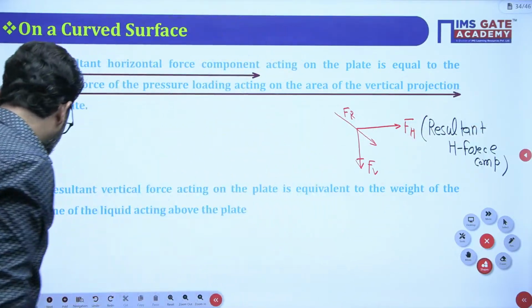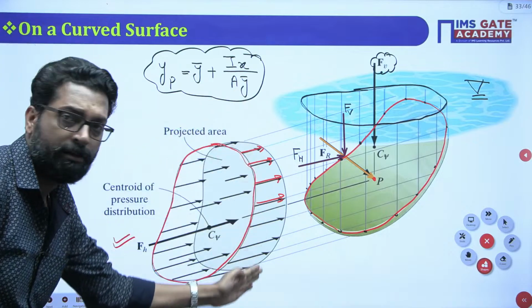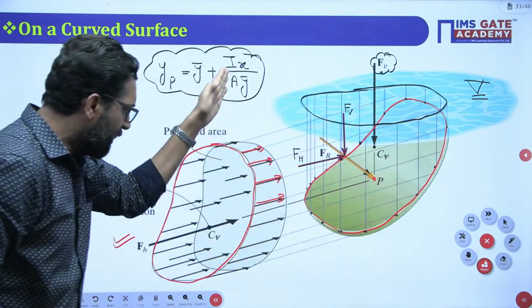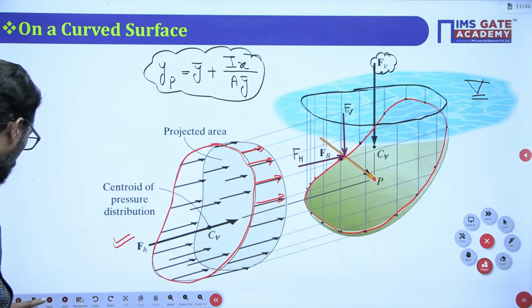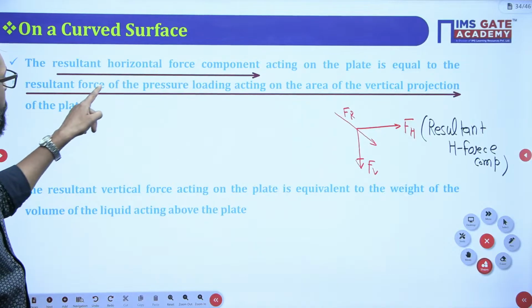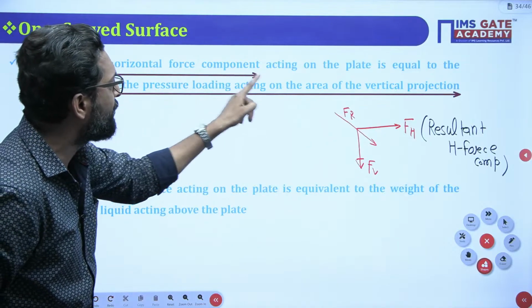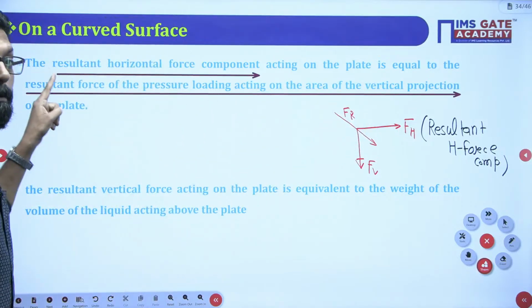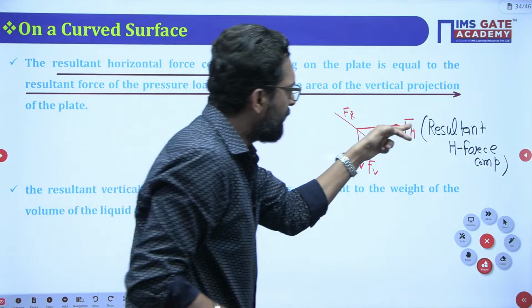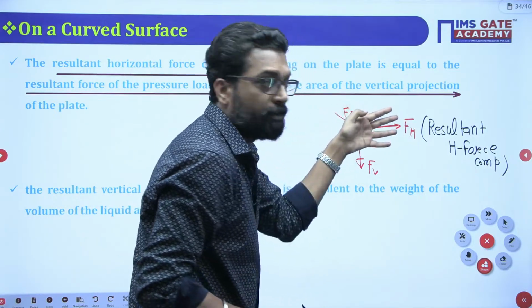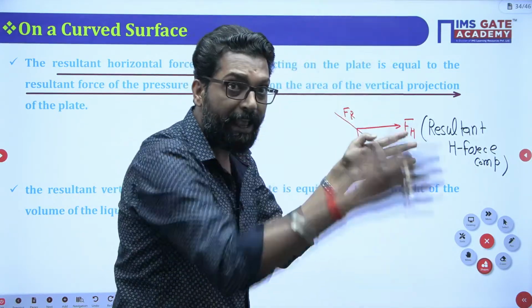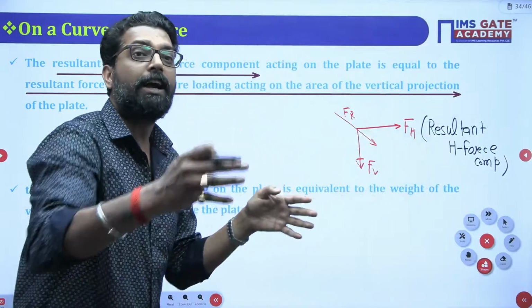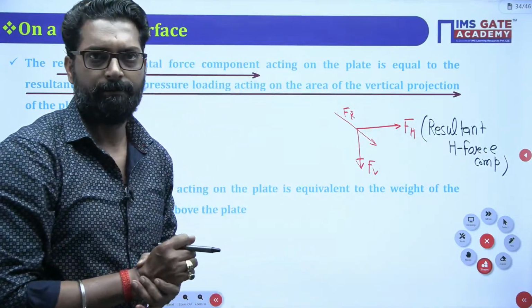That means if you take the vertical projection of this area, the horizontal force will act on the area which is a vertical projection of the curved surface.